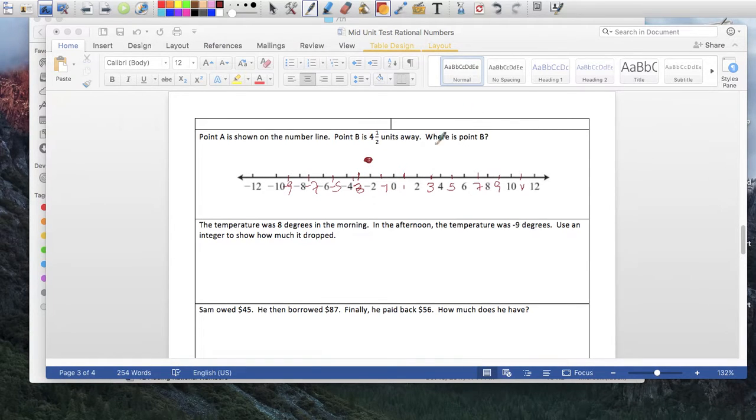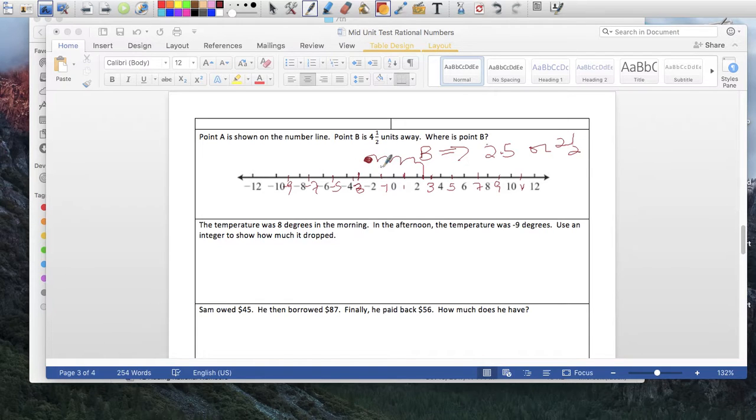So 4.5 units away, you can go right, you can go left. I didn't specify, so let's just make it 4.5. So 1 unit, 2, 3, 4 would be 2.5. So point B is at 2.5.